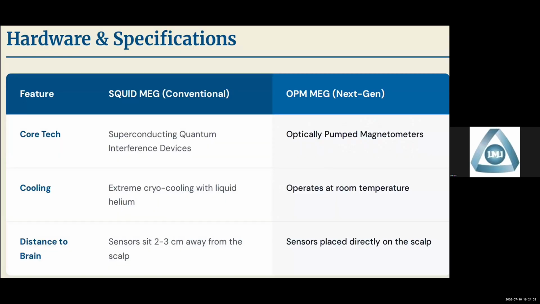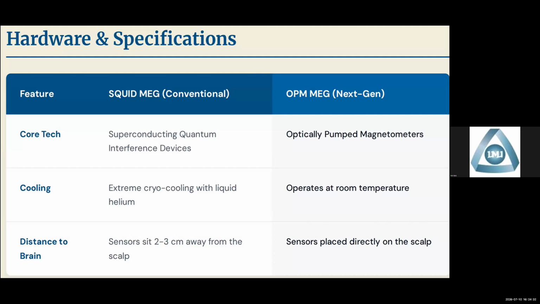Now to your question. In the SQUID MEG, we have a superconducting quantum interference device. In the new MEG, we have an optically pumped magnetometer. Cooling: SQUID needs extreme cryocooling with liquid helium, while OPM operates at room temperature.